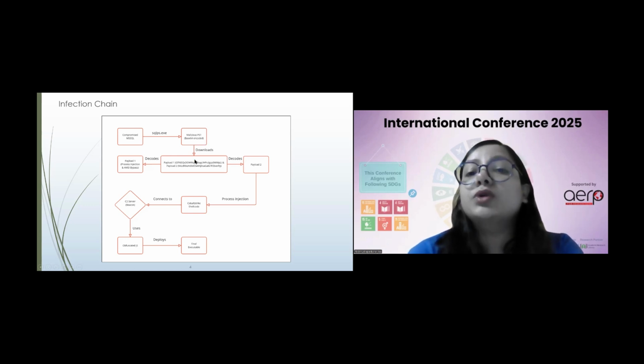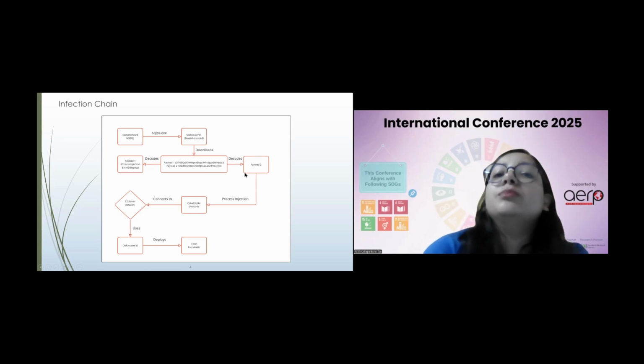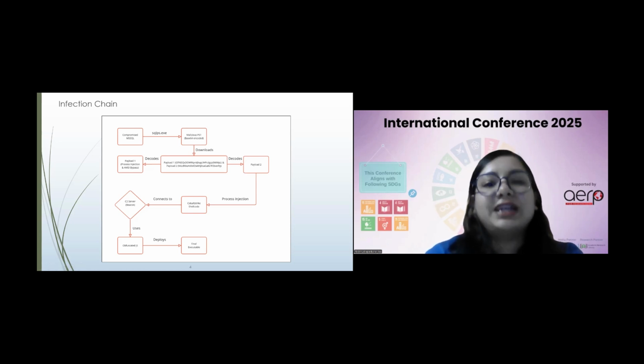It downloaded two different payloads. Payload 1 was used for performing process injection and AMSI bypass, so that payload 2 can get executed and the final malicious Weaxor ransomware can also get executed.